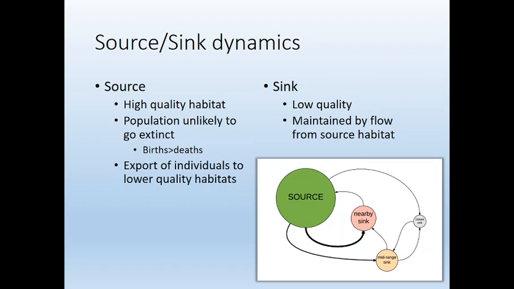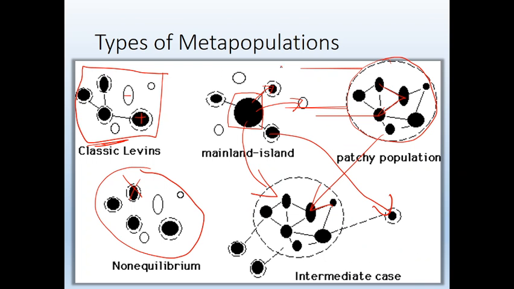Before I talk about those, I want to talk about source and sink dynamics. If we think about different patches, we know that patches are different, and we can categorize them into sources and sinks. A source is a high-quality habitat where the population is unlikely to go extinct. Think about it in this previous model as right here, so we'd have a source as the mainland in this case.